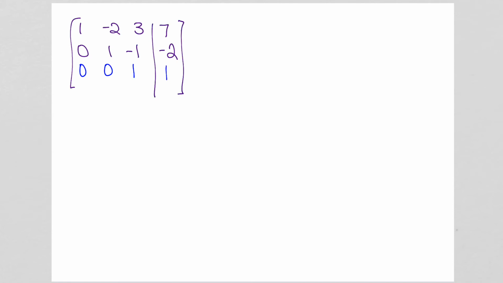The top row would look like x minus 2y plus 3z equals 7. The middle row looks like y minus z equals -2. And the bottom row is just z equals 1.